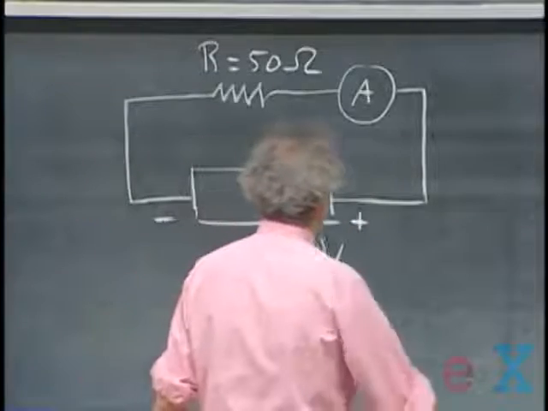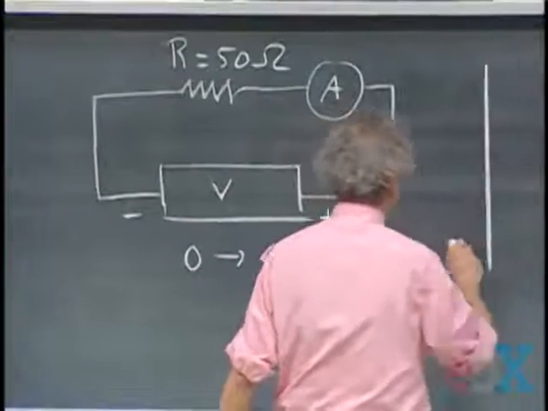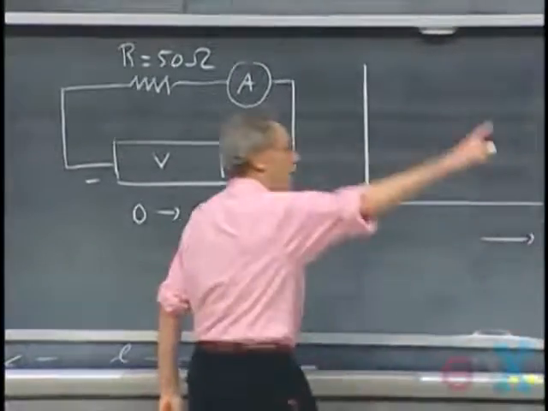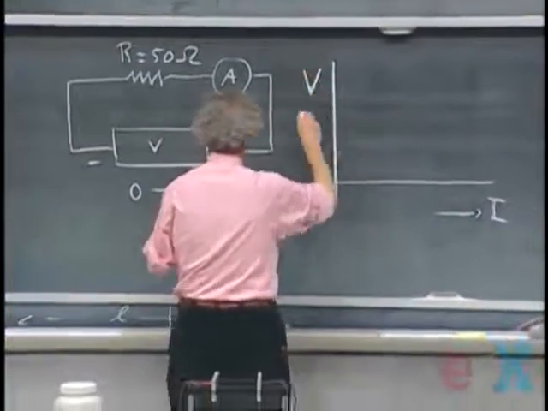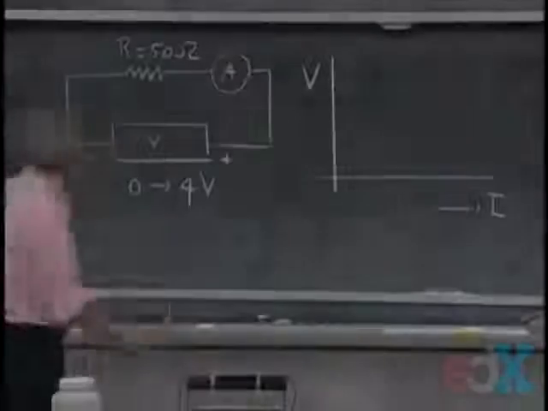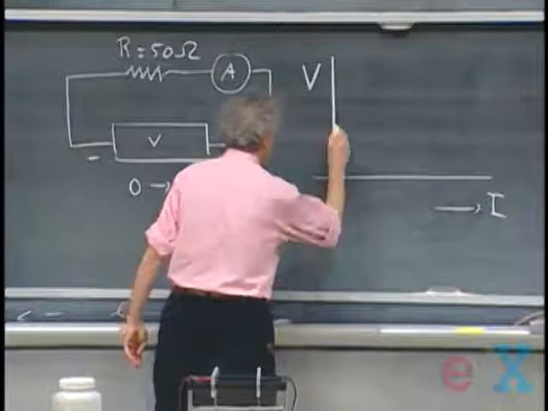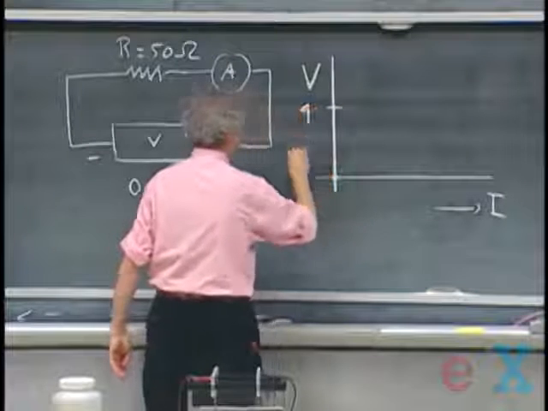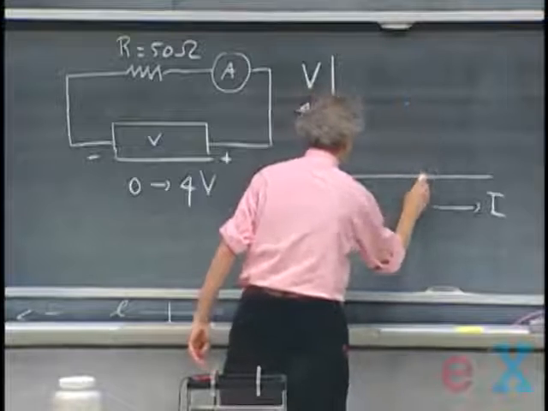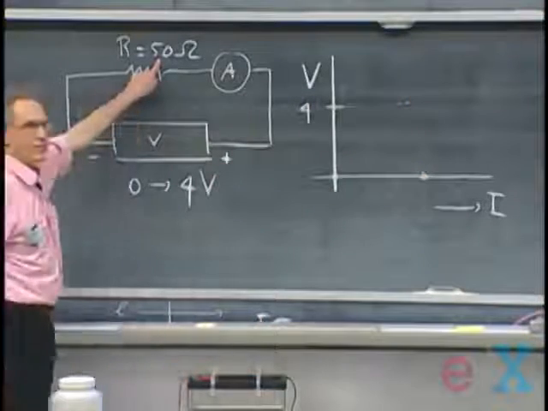And I'm going to show you on an oscilloscope. We've never discussed an oscilloscope, but maybe we will in the future. I'm going to show you there projected the voltage, which goes from 0 to 4, versus the current. And so it will start here, and by the time we reach 4 volts, then we would have reached a current of 4 divided by 50.